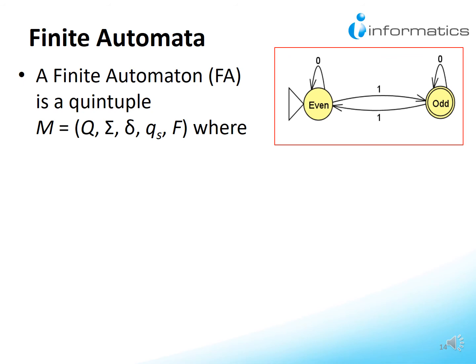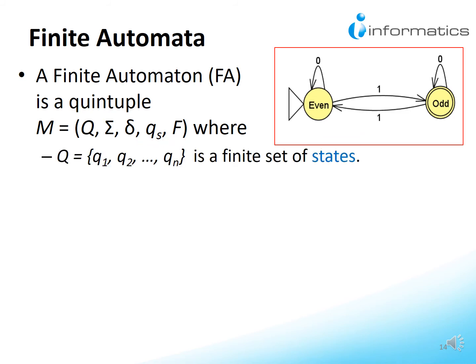Mathematically, a finite automaton is a construct with 5 components. Quintuple means 5 components: Q, sigma, delta, Qs, and F. Q is a set of states, and it must be a finite set.